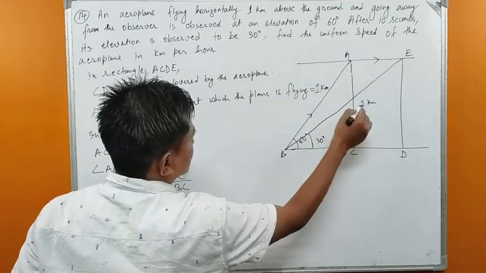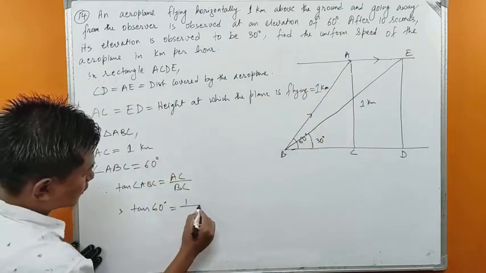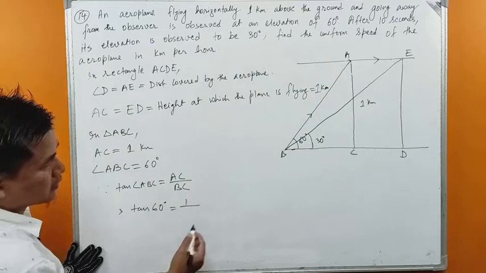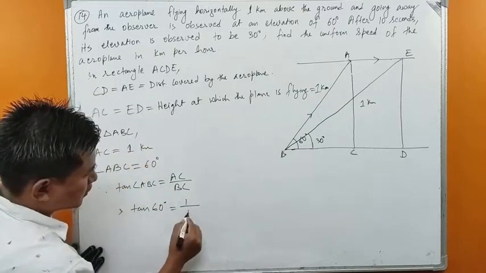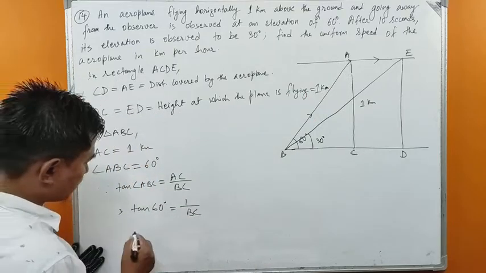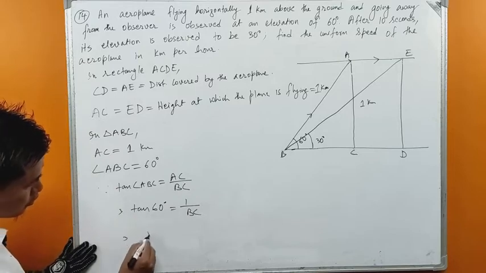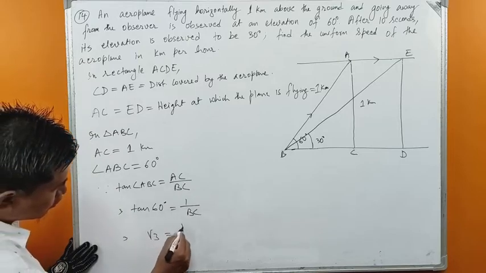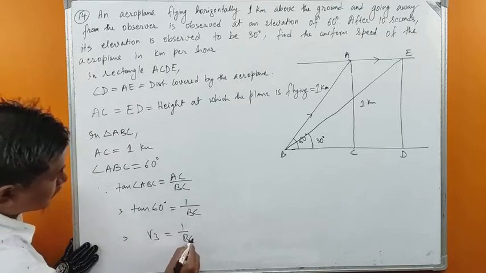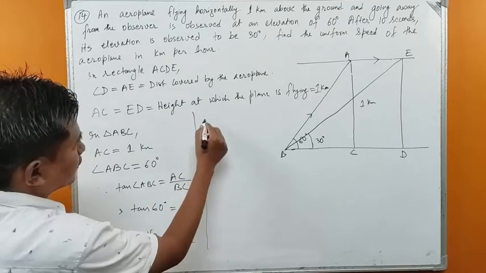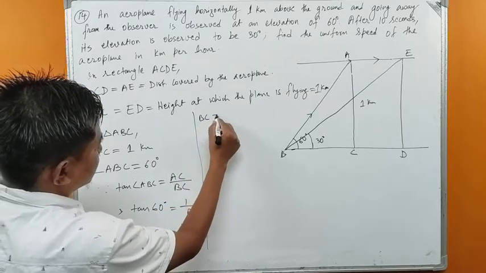We know AC is 1 kilometer, isn't it? We don't know the value of BC; we are trying to find it. So tan 60, which is √3, equals 1 upon BC. Let me continue here.